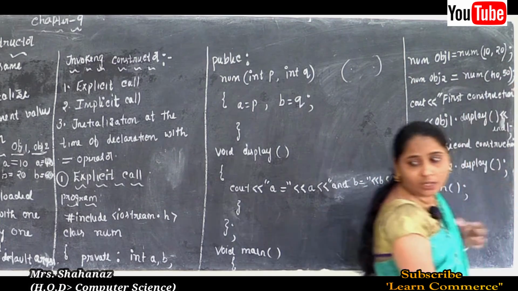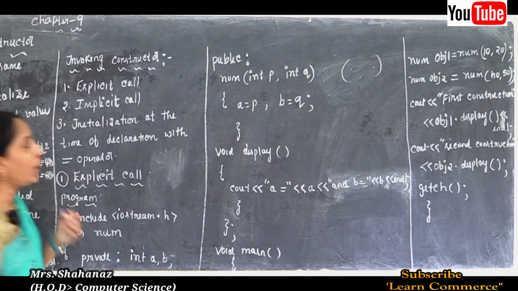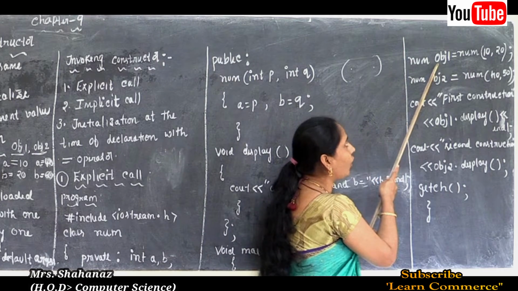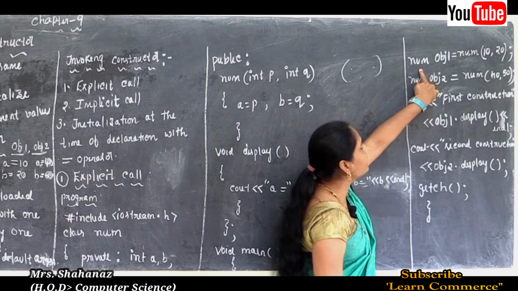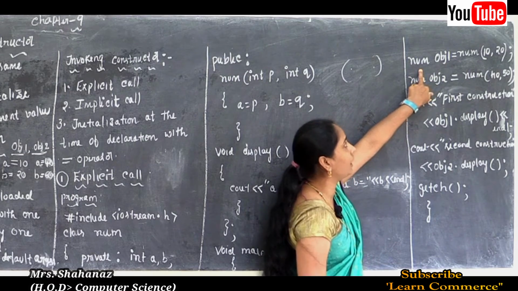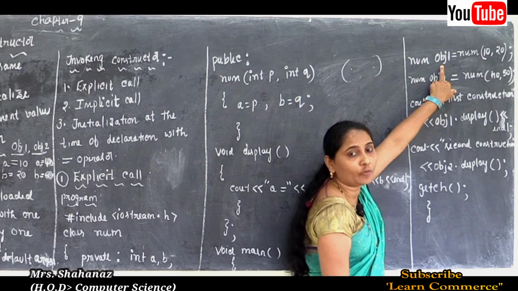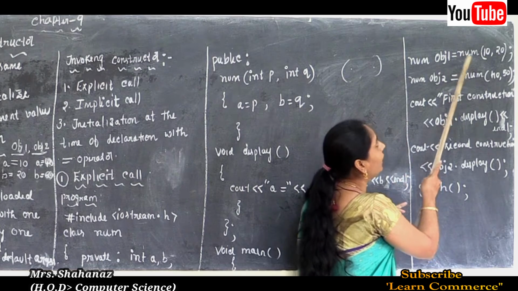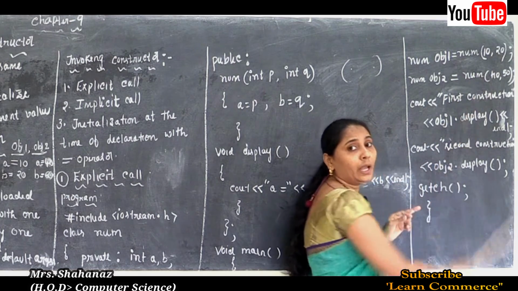Clear this point? In the case of our explicit call, how do we declare the object? In this case I declared the object, and the object name is obj1. The declaration of an object is followed by the assignment operator, constructor name and argument list enclosed within parentheses.